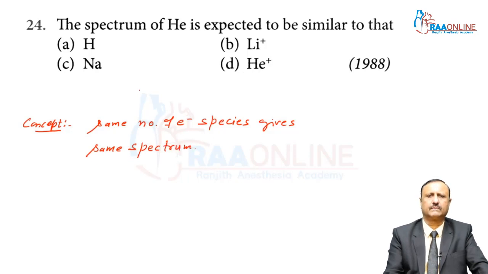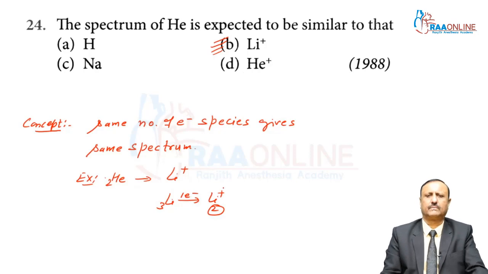So you can see the spectrum of helium. For example, the atomic number of helium is 2. So you can see which species has 2 electrons present; that is lithium plus, because lithium has atomic number 3, and when you remove 1 electron, it gives Li plus 1, meaning 2 electrons, similar to this, so its spectrum is also the same. So, my dear students, for question number 24, the answer is B.